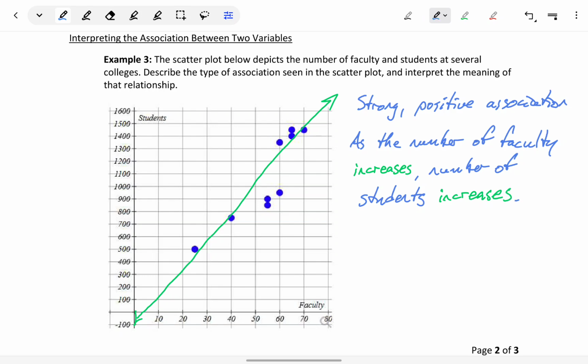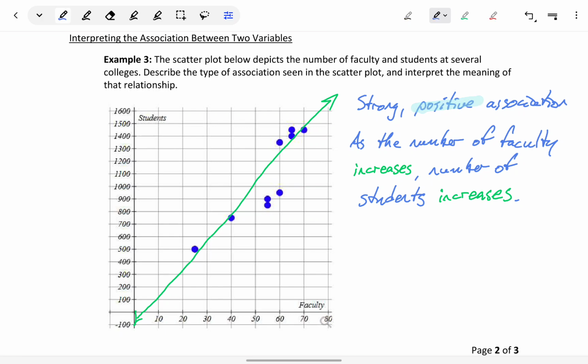And that's a pattern that we would probably expect. If we have more students, the college is getting larger, there are more faculty members. If you identify a college that has a lot of faculty members, it probably has more students because it's a larger school. But the nature of this positive association works in both directions.